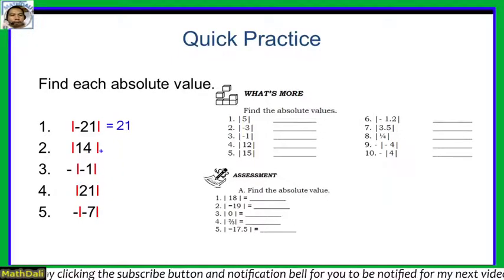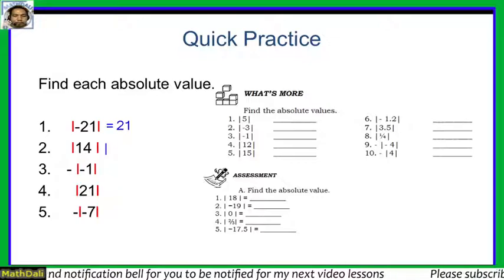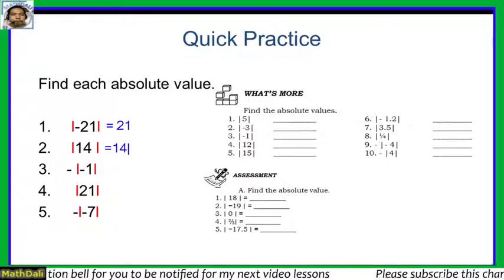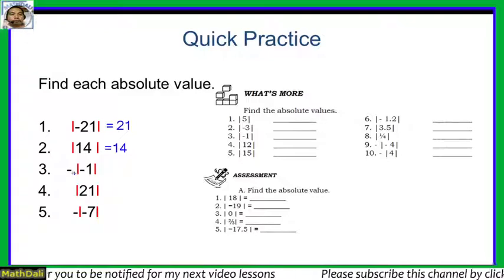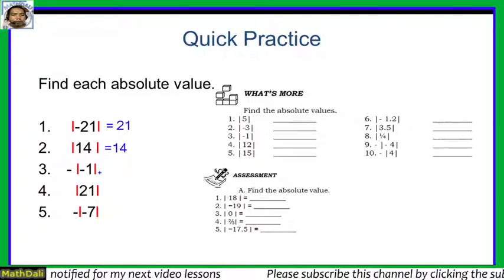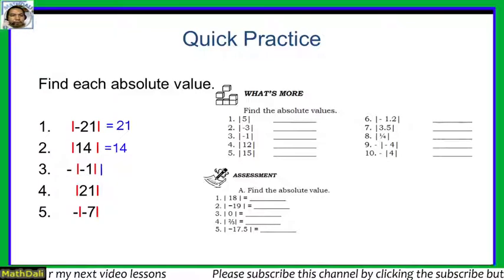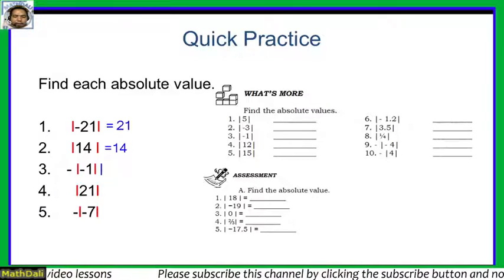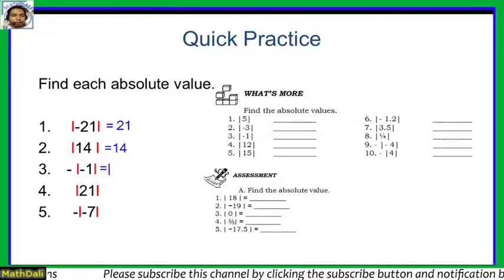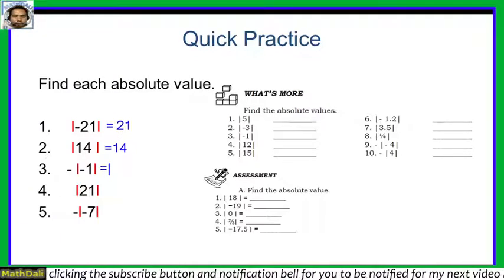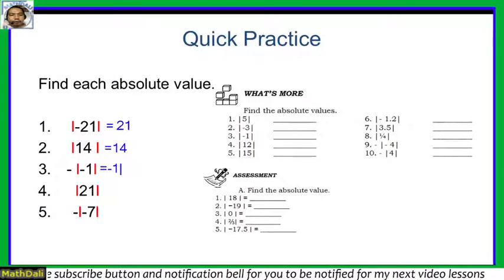Then we have the absolute value of 14. Distance ng positive 14 from 0 in our number line, that is equal to positive 14. Then we have the negative absolute value of negative 1. Absolute value of negative 1 is positive 1. But since we have the negative sign before the absolute value, written outside the absolute value, we're going to answer it negative 1.